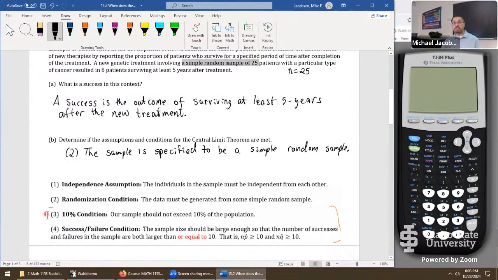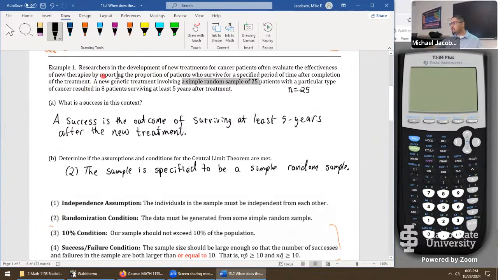Next is the 10% condition. This one could be concerning because we're told this is, let's see, well, I guess I've not seen that statement. I thought somewhere it said a rare type of cancer. It didn't say that, just a particular type. So maybe less of a danger this time.